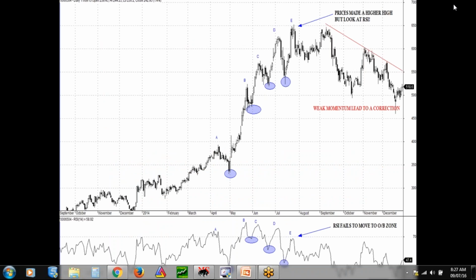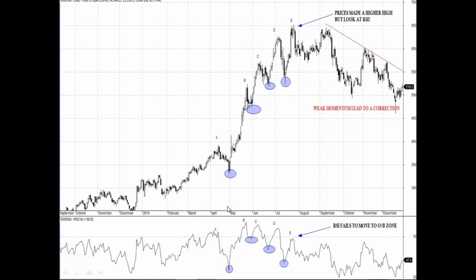So here we get it. See, the first push at point A, the RSI gets pushed into the overbought zone.